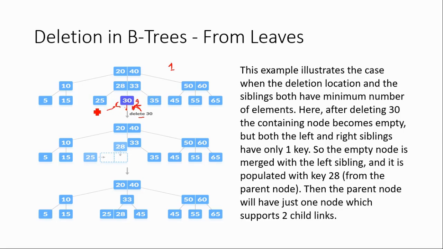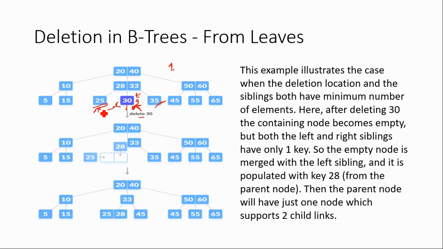However, the left sibling itself has one element which is 25, and the right sibling also has only one element which is 35. So both contain the minimum number of elements. So what do we have to do in that case? We have to merge this particular empty node, after deleting 30, with the left sibling.